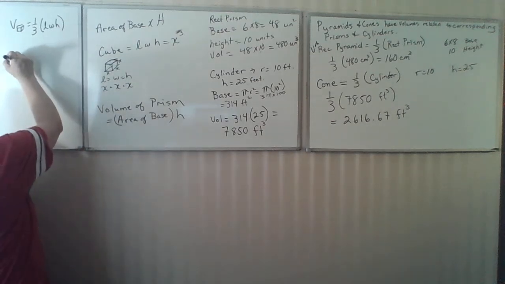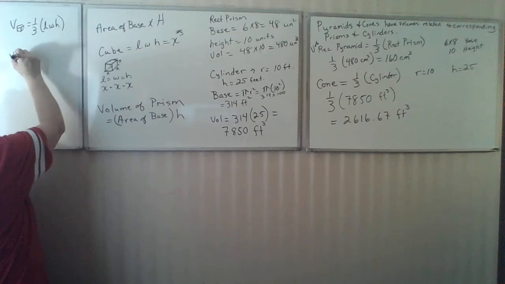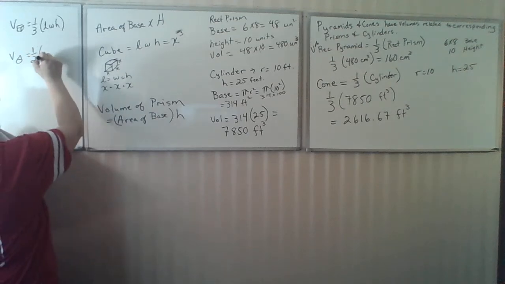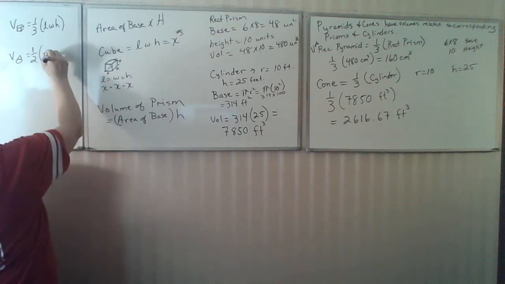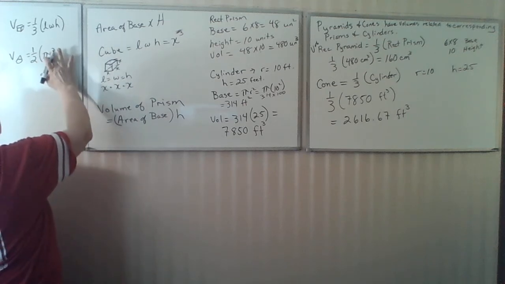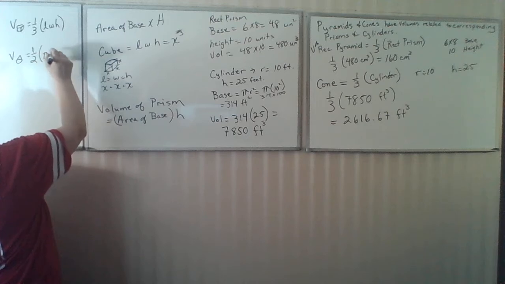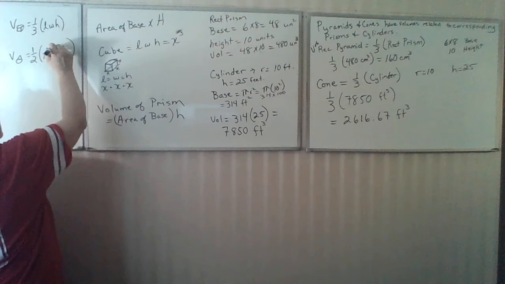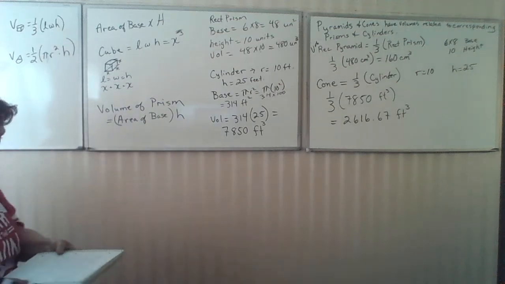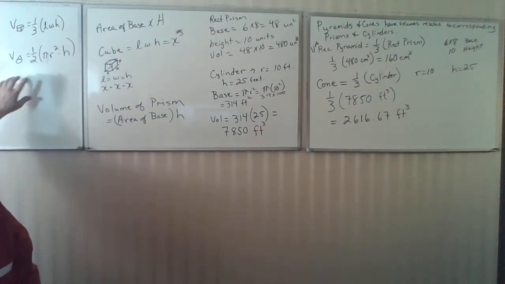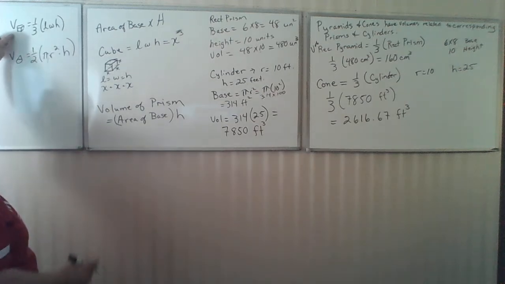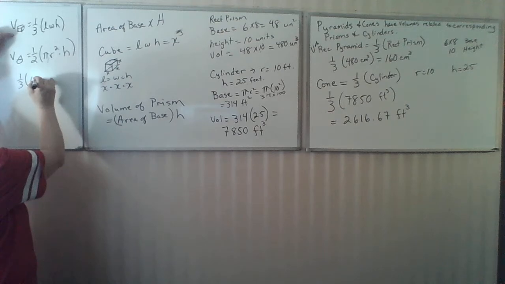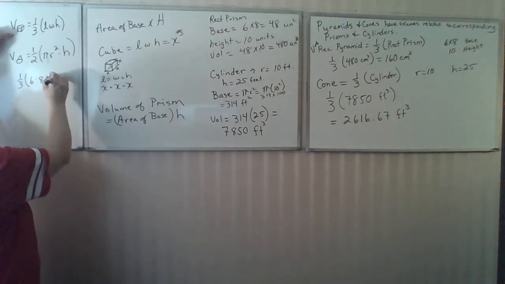Okay, now the volume of the cone is going to be 1/3 times pi r squared, whoops, I didn't write r, I wrote 2, r squared times the height. So those are my formulas. So if I didn't know that, I could then take this one. It would be 1/3 times 6 times 8 times 10.